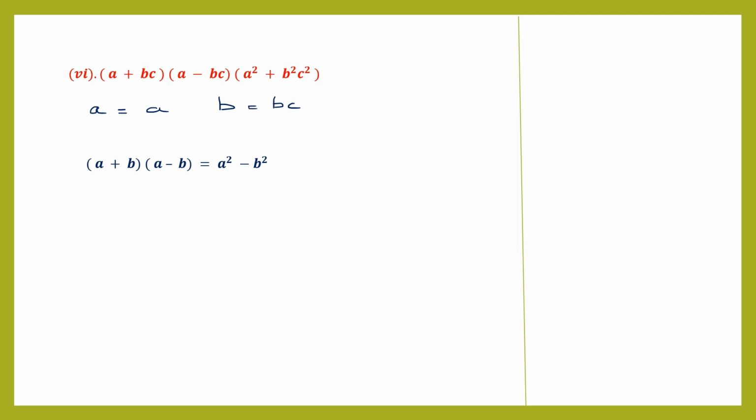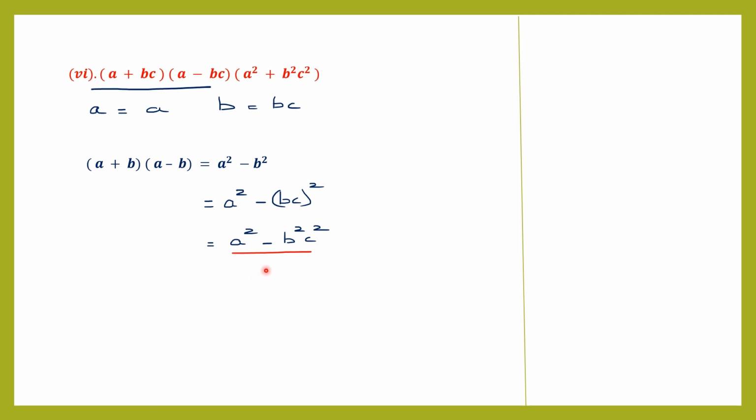A plus b into a minus b is a square minus b square. So a square minus b, and b is bc, bc the whole square. So a square will remain as a square. Now here this becomes minus b square c square. So we multiplied the first two binomials and we got this.